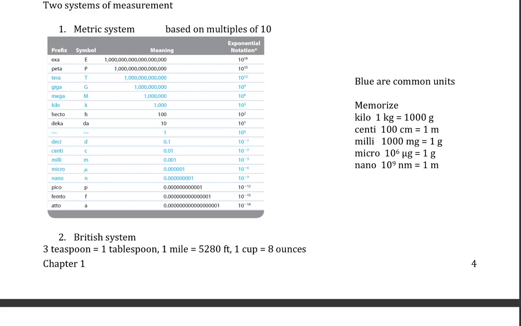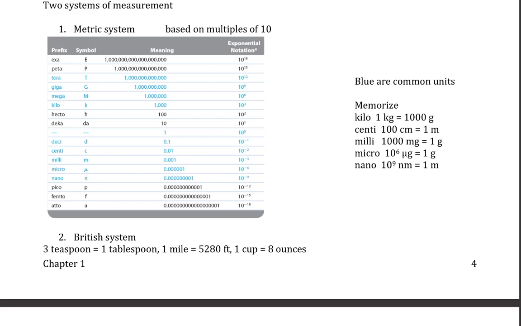And it is very handy because it is based on multiples of 10. We have our base unit. Above it, we have deca. Above that, hecto. Above that, kilo. And they're going up by an order of magnitude of 10 each time.